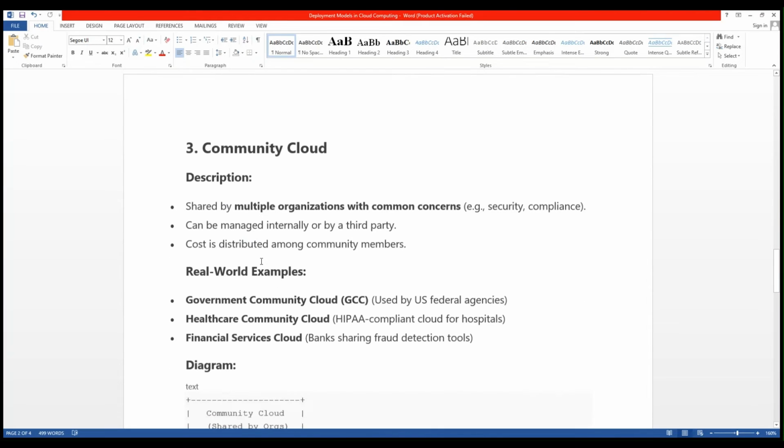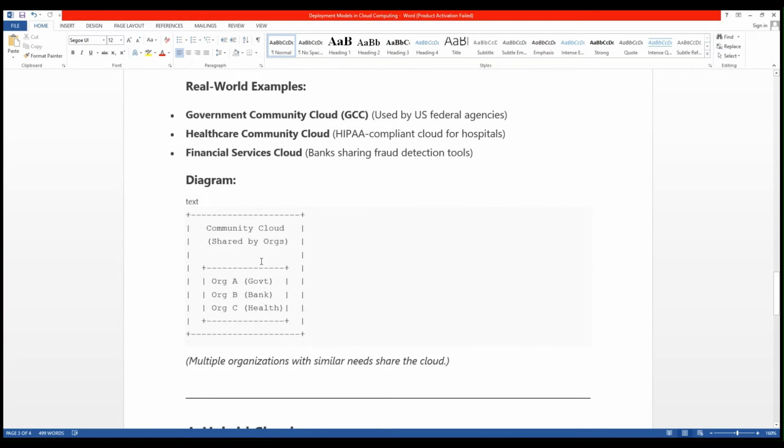Next is the community cloud model. Just take this example: organization A, organization B, and organization C. There are three organizations in the community cloud, and organization A cannot access organization B, and organization B cannot access C. So these three organizations cannot access the data of each other.